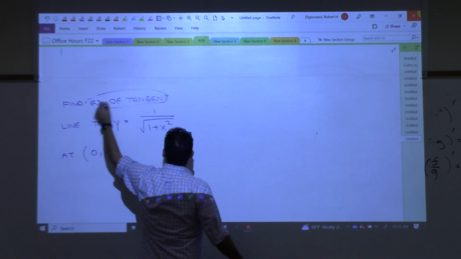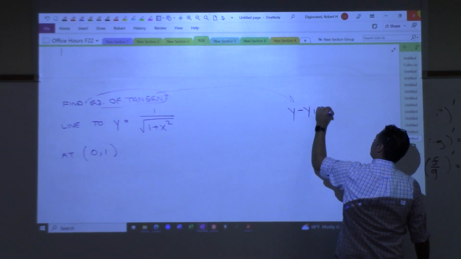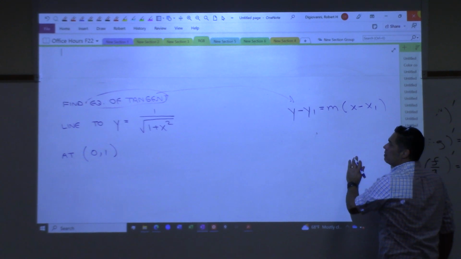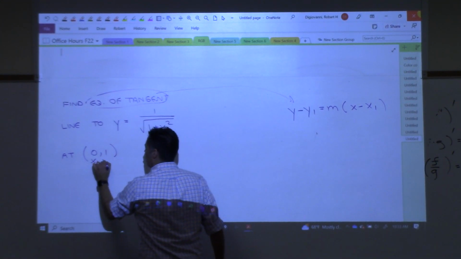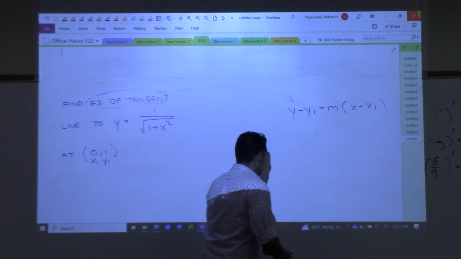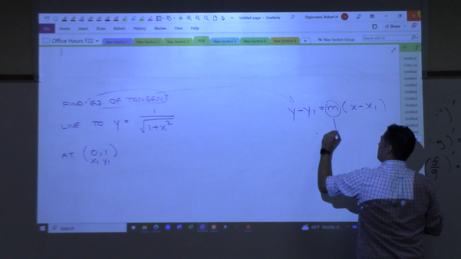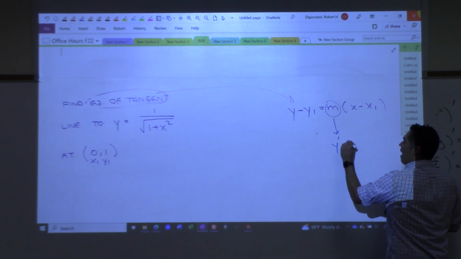For the equation, we need to use that formula. That's our generic formula. We have the point x1, y1 right here. So the only thing we need is this slope, and this comes from the derivative at the point.